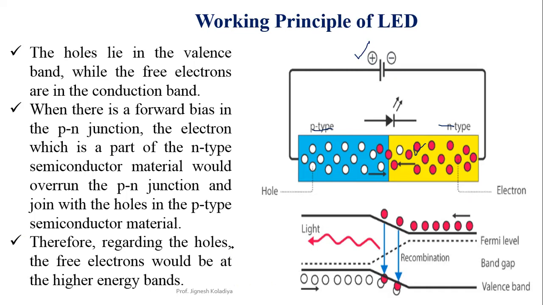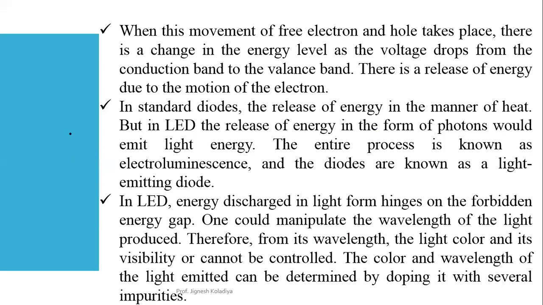Therefore, regarding the holes, a free electron would be at higher energy bands. When this movement of free electron and hole takes place, there is a change in energy level as the electron drops from the conduction band to valence band, and there is a release of energy due to motion of electron.